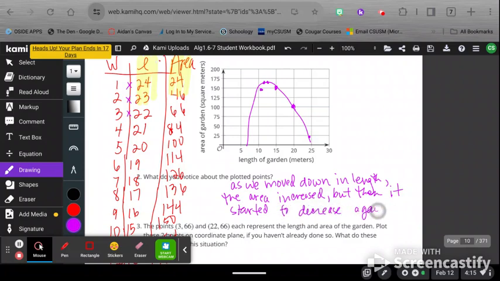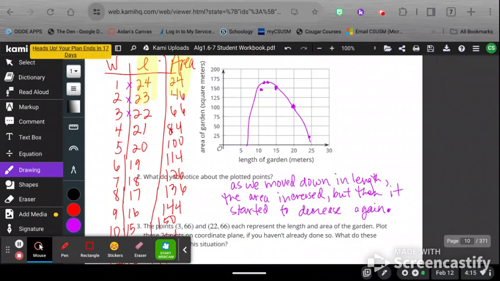So we're noticing that same pattern from the table above. It's increasing and decreasing in this new pattern. In our linear and exponential, it would only be increasing or only be decreasing. It couldn't do both in the same.